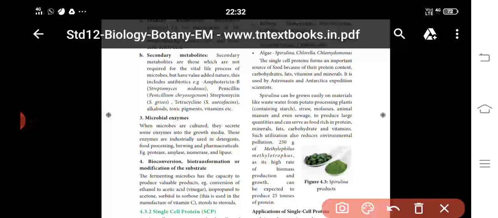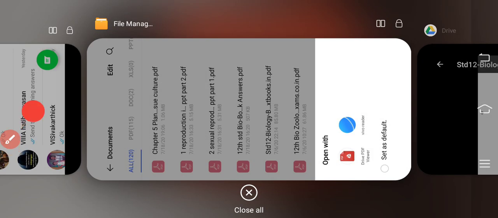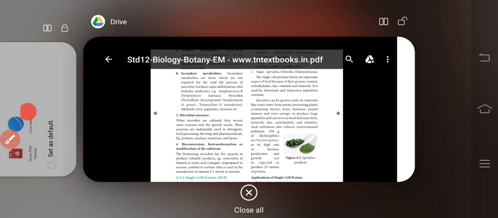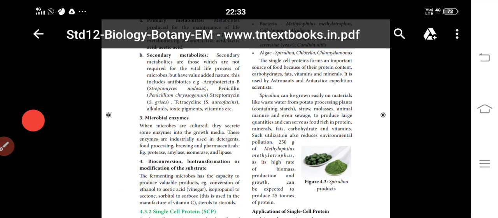Some of the enzymes are present in the growth medium.